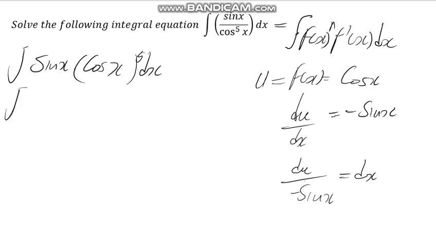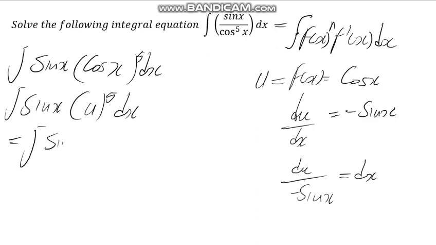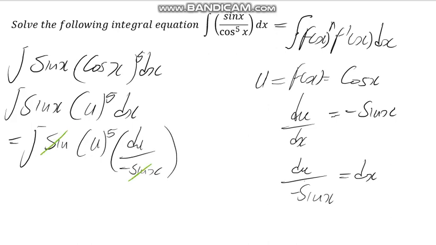So we're gonna go back to the equation and say sine x into u to the power of 5 dx. So where there's dx, we're gonna substitute du over minus sine x. Okay, so as you can see, sine x and sine x will cancel.